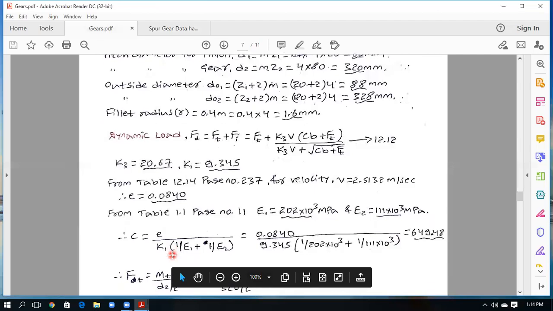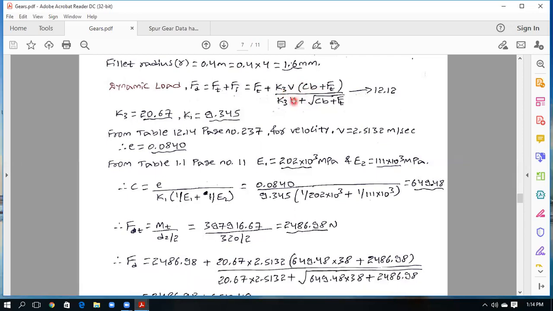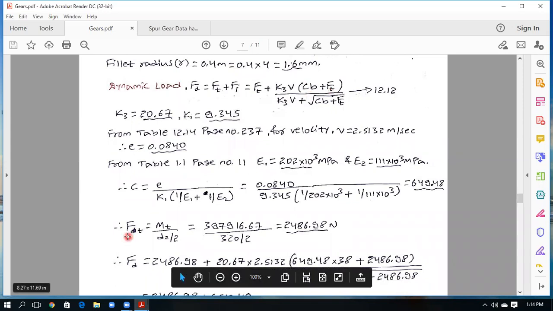After that, you substitute that here and you will get the value of C. C value is calculated, K3 and K1 you have taken, V is also calculated, and this B is the optimized face width, and whatever this Ft is there. Ft is nothing but force; torque is force into radius.